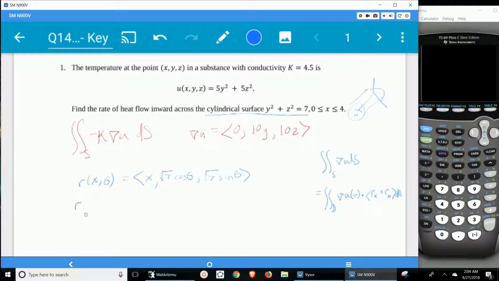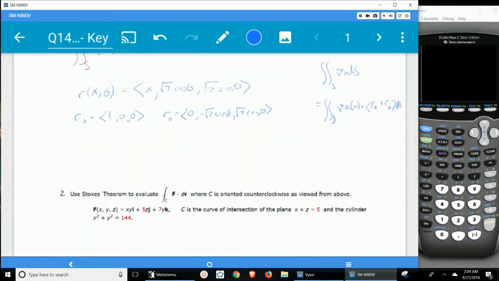So we need to get these partial derivatives to be able to do this. The partial with respect to x would be 1, 0, 0, and the partial with respect to theta is 0, minus 7 sine theta, and then 7 cosine theta. So we have to do a cross product of them before we can apply this.